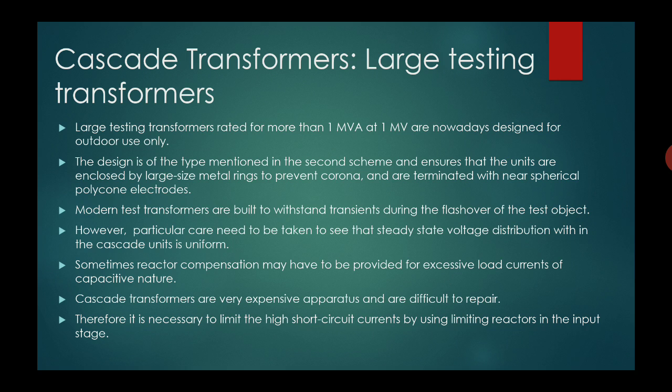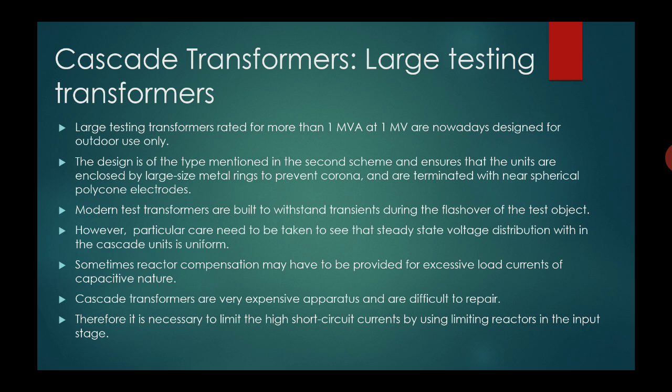Now we'll talk about cascade transformers, which are used in large testing transformers. Large testing transformers rated for more than 1 megavolt ampere at 1 MV are nowadays designed for outdoor use only. So there are large sized cascade transformers which we are talking about here.